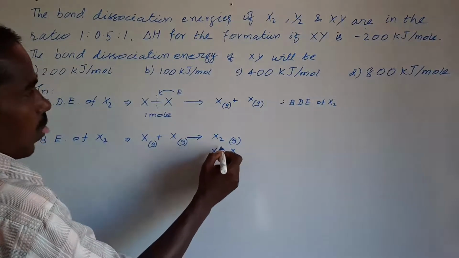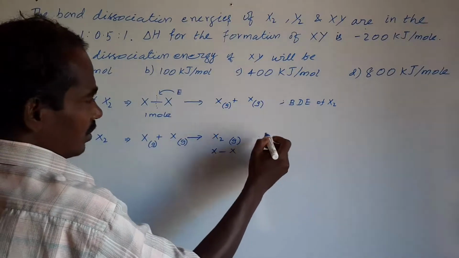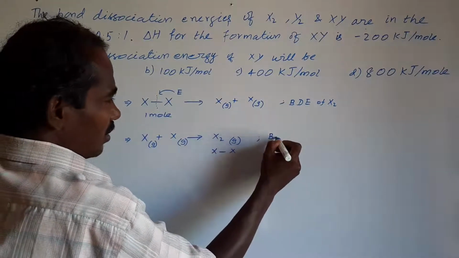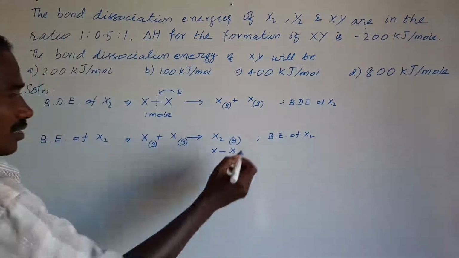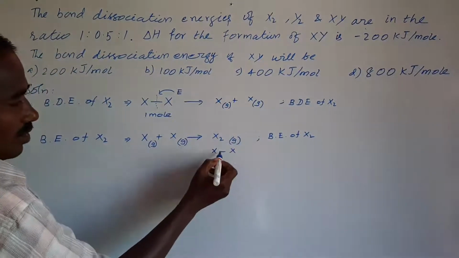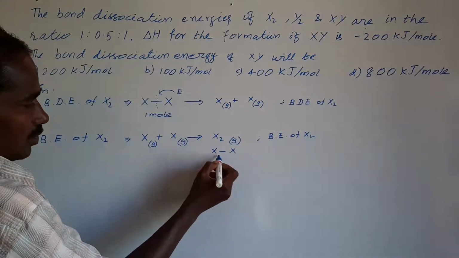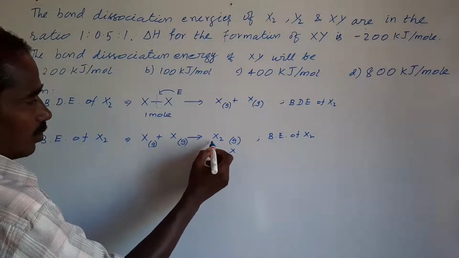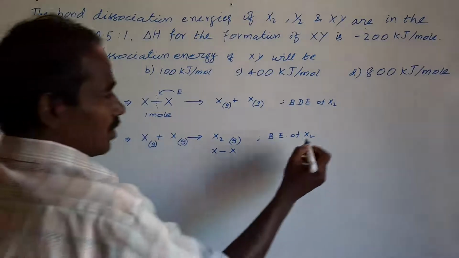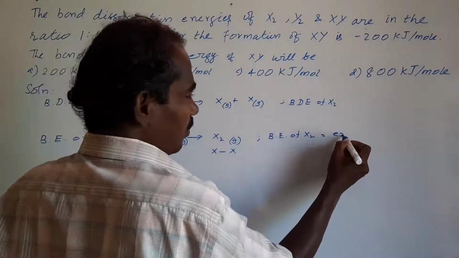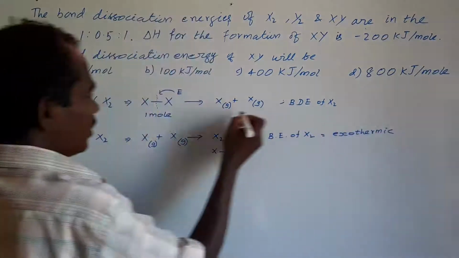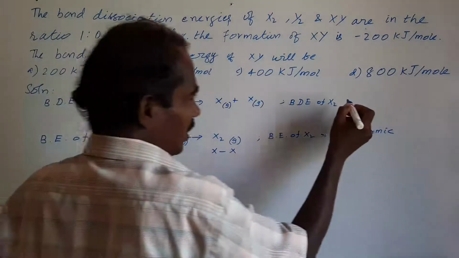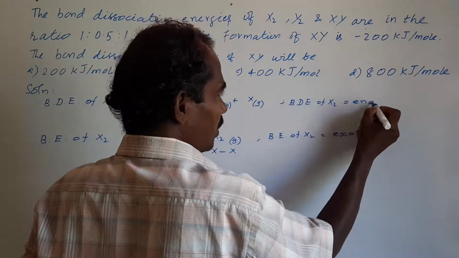Formation of bond releases energy. So it is called bond energy of X2. It is the amount of energy released during bond formation of 1 mole of X2. It is exothermic. This one is bond breaking, energy is required, so it is endothermic.